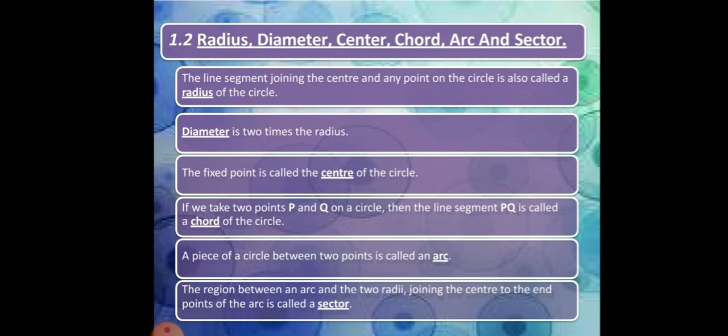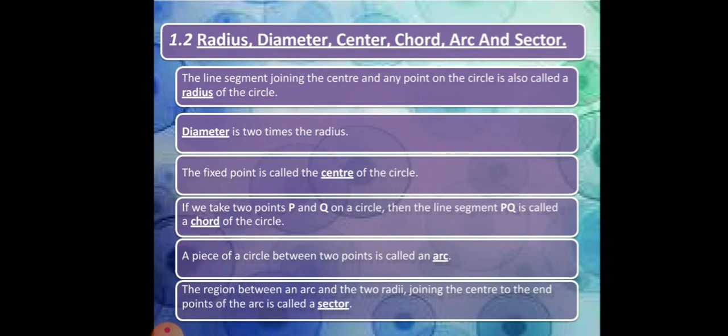Now we will discuss radius, diameter, center, chord, arc and sector. What is a radius? The line segment joining the center and any point on the circle is called a radius of the circle. Diameter is 2 times the radius, or we can say that the diameter is double the radius.